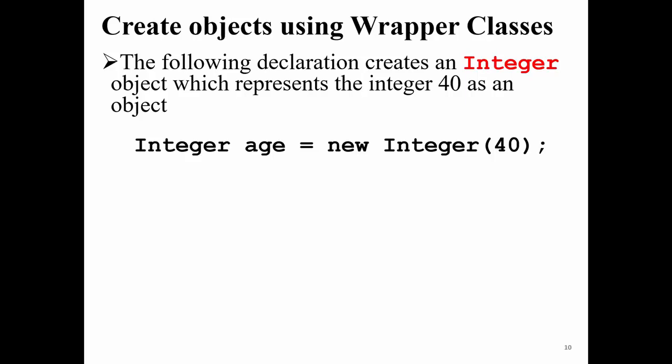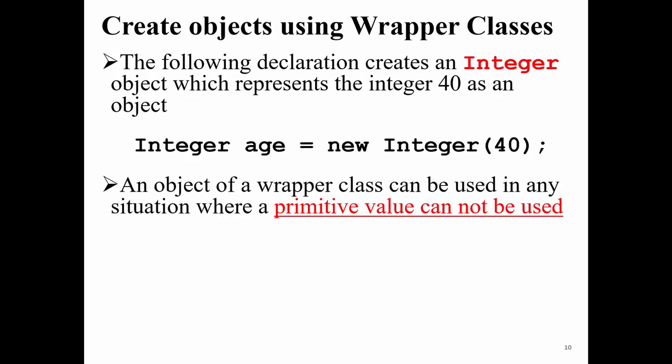As you can see, we are using the new keyword to create an object of Integer, and now we give 40 as the value. Once we do this, the wrapper object can be used in any situation where a primitive data type cannot be used. As I mentioned, later in this course we're going to come across the concept of collections. Collections only accept object data types. They cannot accept primitive data types, and that's why the Java experts created wrapper classes.